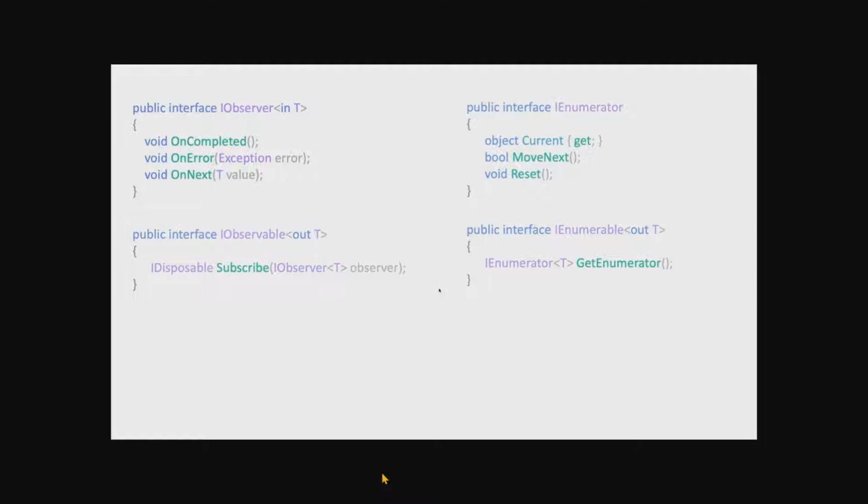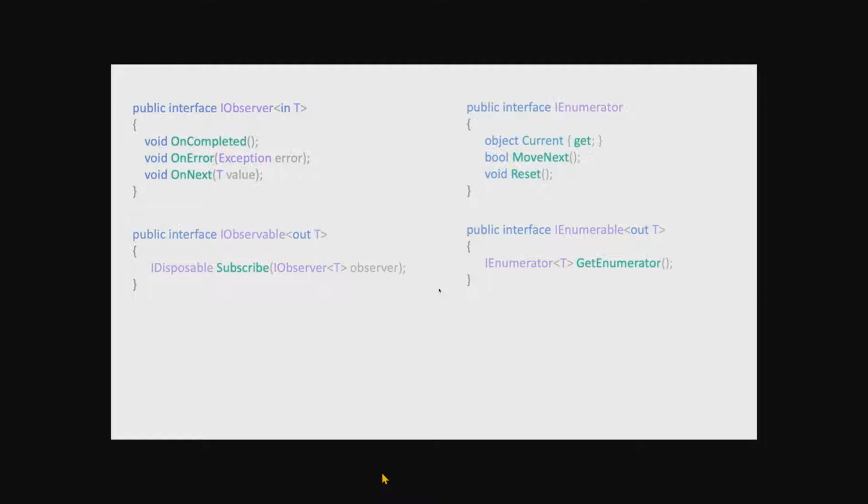IObservable is a push-based collection. This works well with technologies like SignalR, real-time events, and asynchronous programming. The observable allows you to subscribe, which basically allows any observer of the observable to process and read values from that list. An observable is really a collection of things over a span of time.